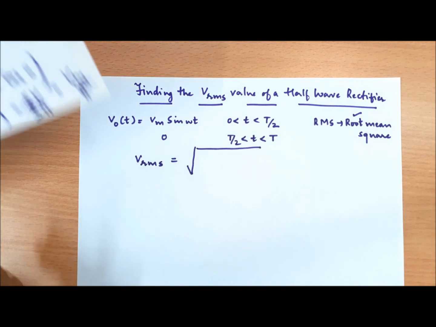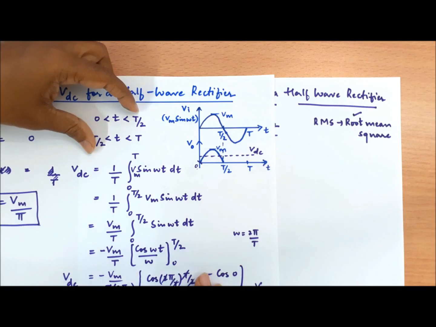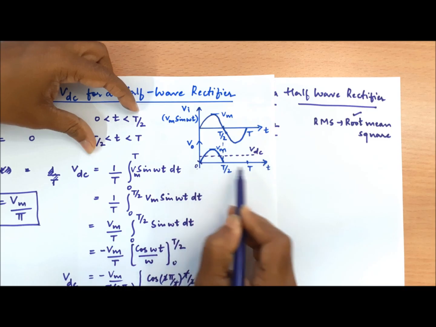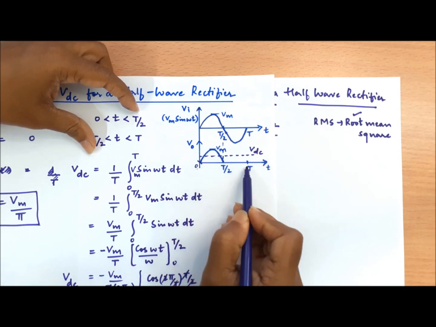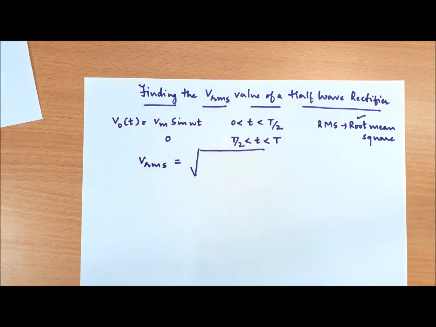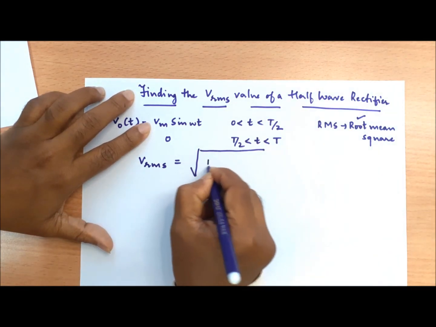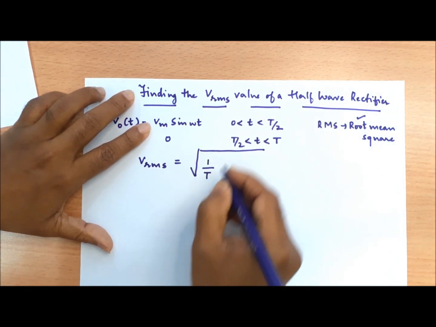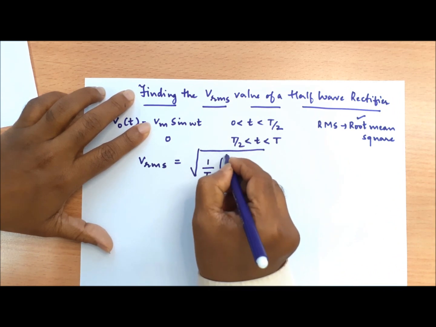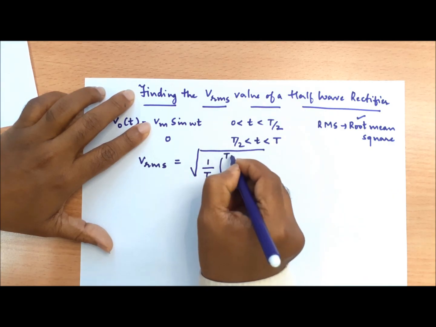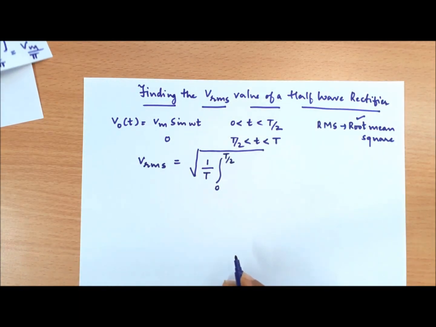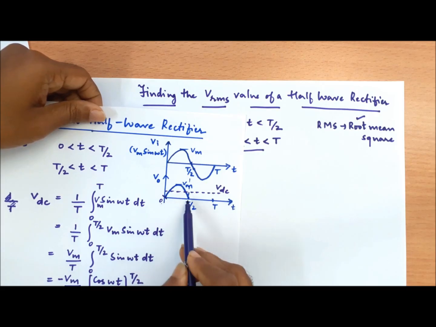if I want to take the mean, that means when does the cycle repeat? Whether the cycle repeats from 0 to T by 2 or 0 to T. So it is from 0 to T. For 0 to T, the cycle just keeps on repeating. So I'll have to consider 1 by T integral from 0 to T by 2, because the output is appearing only from 0 to T by 2.